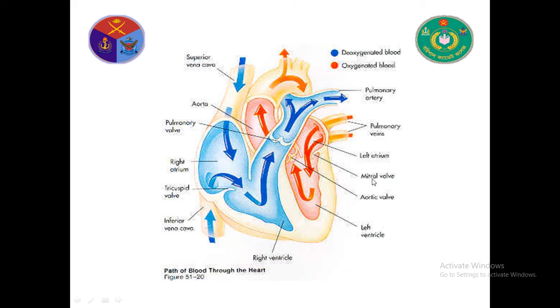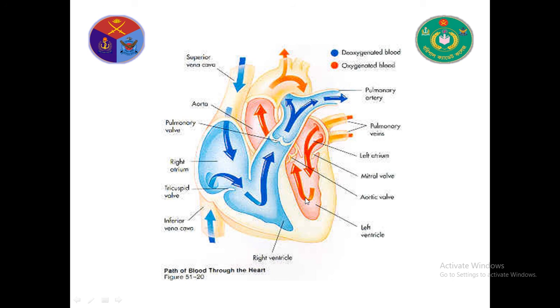It is another figure of blood circulatory system. Look, this is green color, I mean carbon dioxide in this blood is in here, and this is red color, I mean oxygen in this blood is in here. This carbon dioxide blood goes to lung for purification through pulmonary artery, and oxygenated blood comes to left atrium through pulmonary vein from lung.